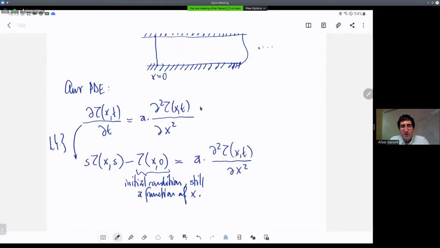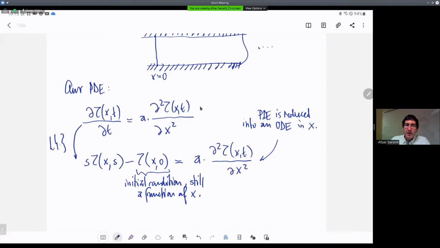Now what's the end result of this is that note the partial differential equation is reduced into an ordinary differential equation, or let me shorten it into an ODE in x.